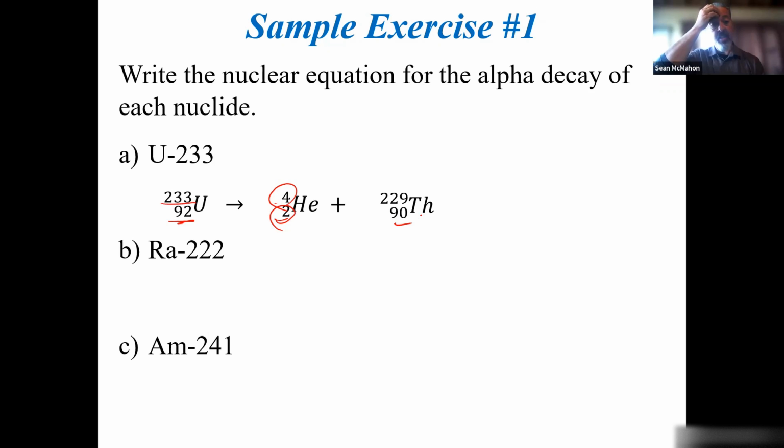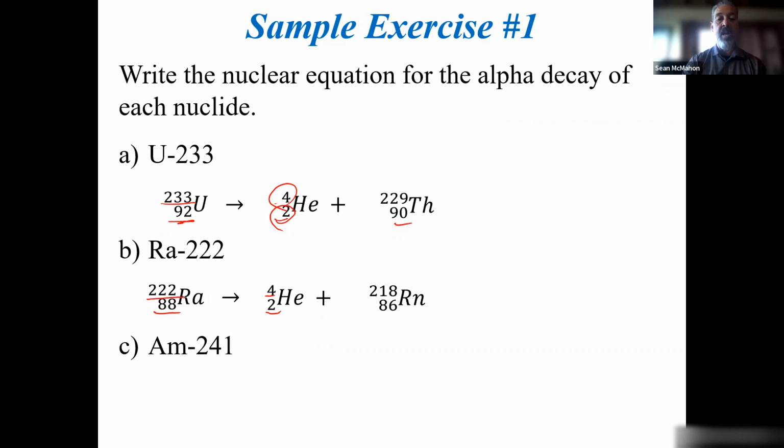And now I look at radon 222, and I do the same thing. I want to first do the nuclide I know, the alpha, which is the 2, 4. Subtract 2 from 88, 86, subtract 4 from 222, 218, and now I get the 218, 86 radon.